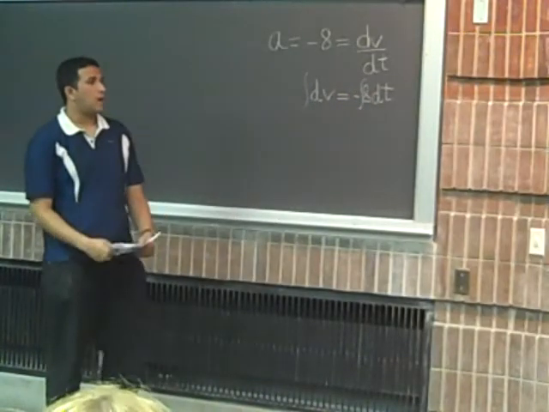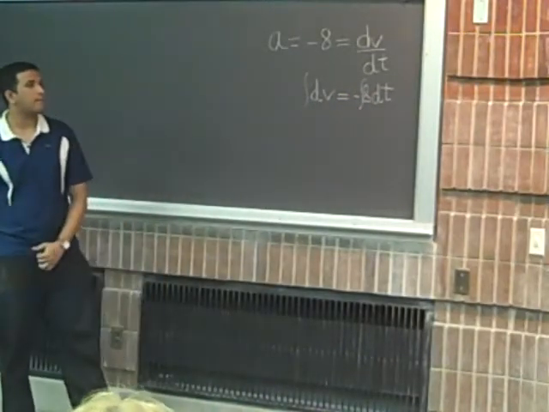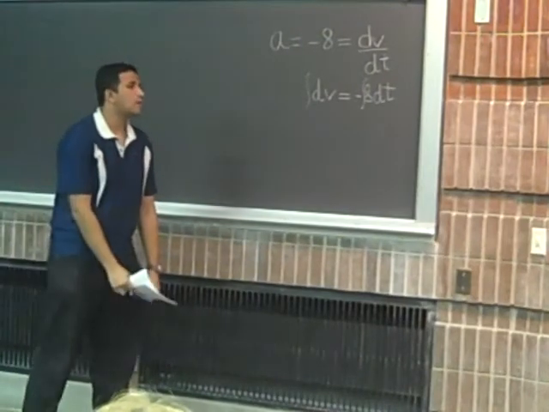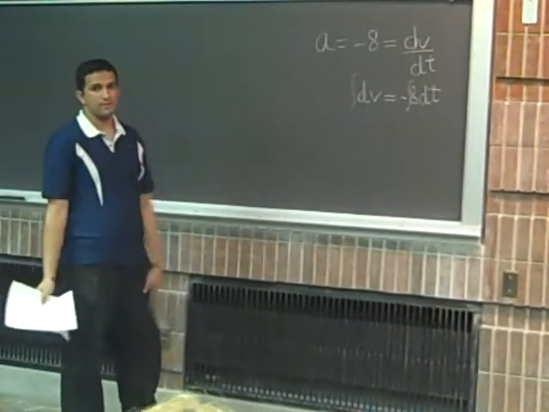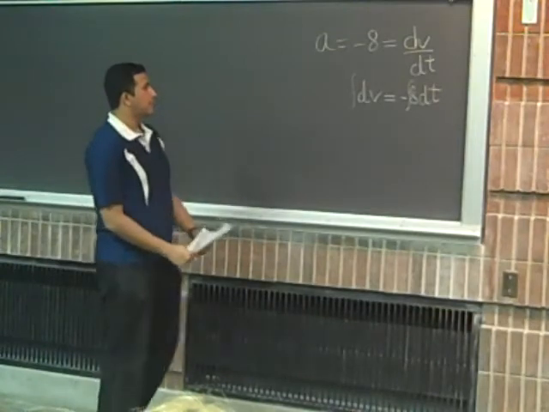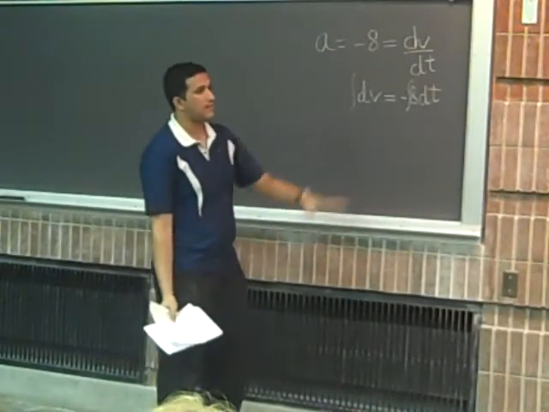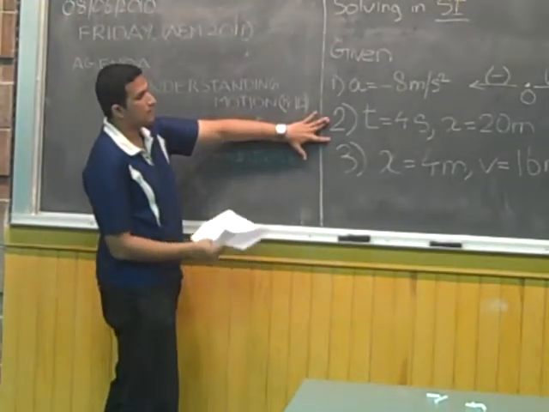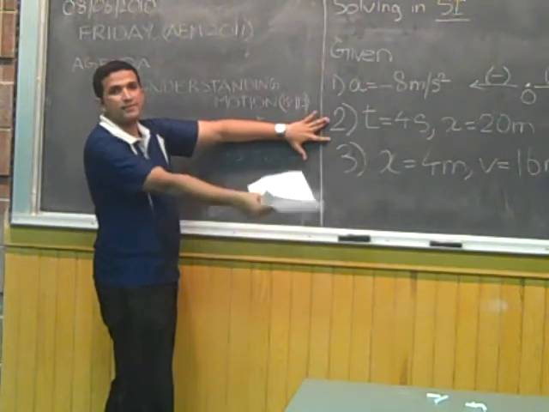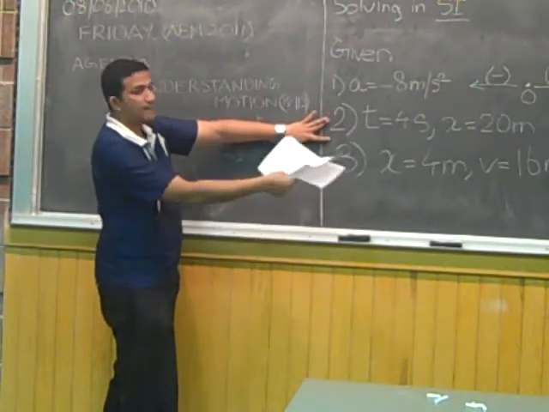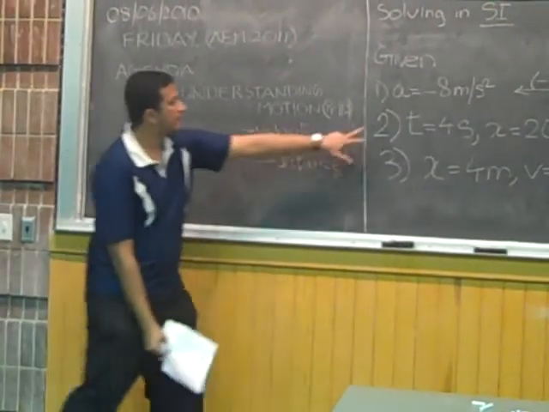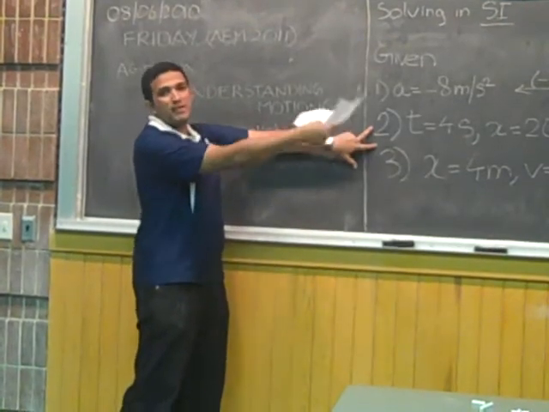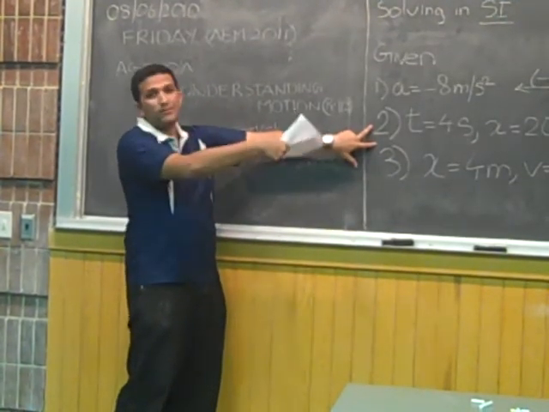Now, how do we know whether we want to apply definite integrals or indefinite integrals? Clearly, we don't have any given condition which says when t is this, v is this. We have that when t is 4 seconds, the displacement is 20, but we don't have the velocity when t is 4.